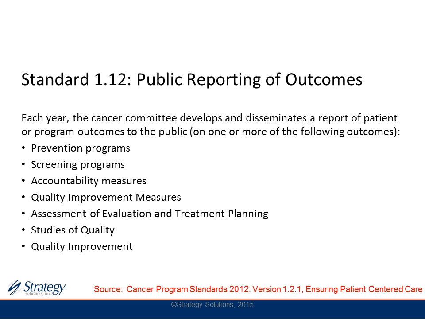They also have to do public reporting of outcomes. Each year the Cancer Committee develops a report and makes it available to the public of one or more of these following outcomes. Now, most cancer programs are doing it on their own.